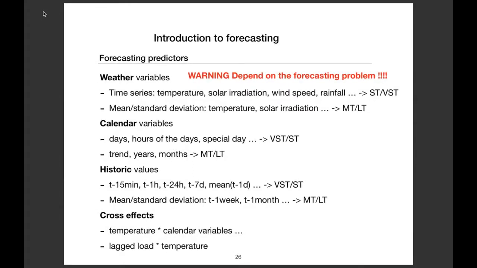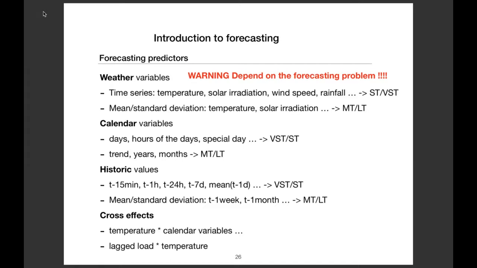They work from Monday to Friday, and during the weekend most people are at home. So consumption is different between the days of the week and the weekend, and you can use calendar variables, etc.